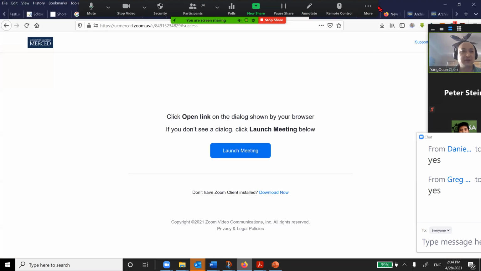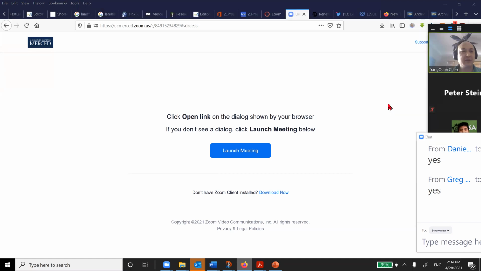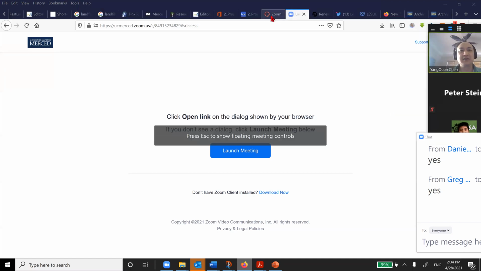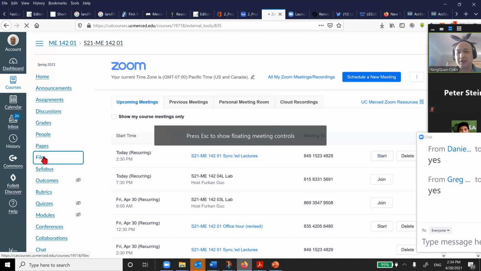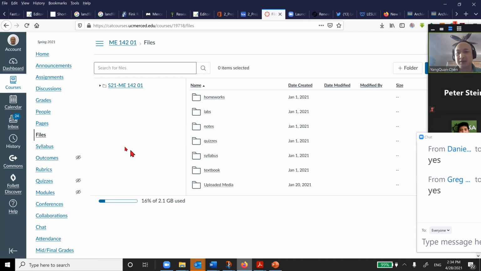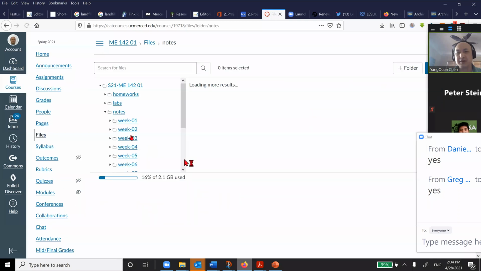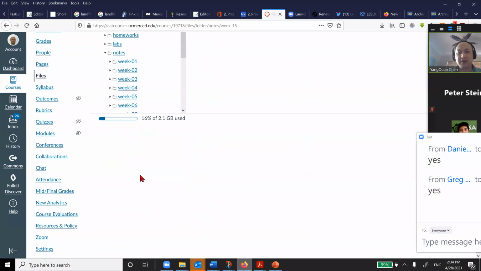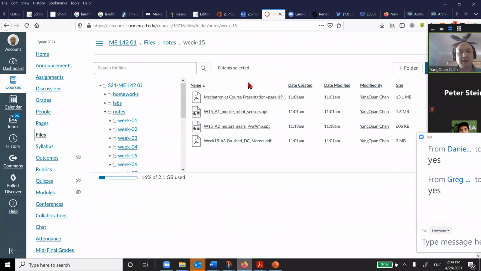You can check it out. Come into the files, go to notes, then go to 15. You are going to see that today we are doing mobile robot sensors.